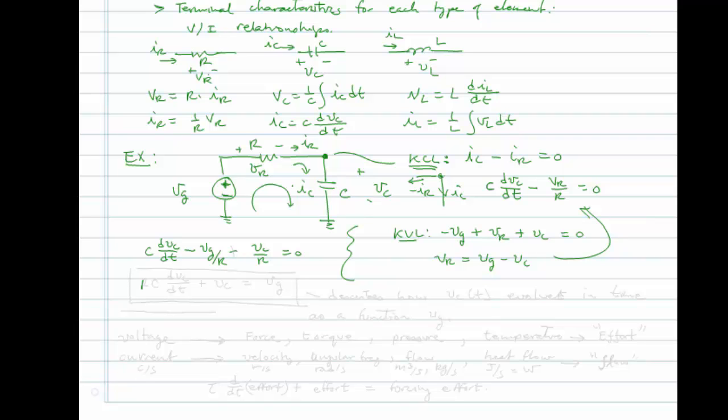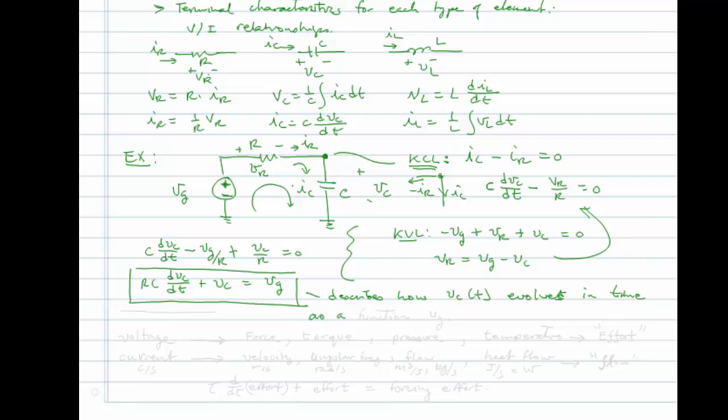Multiply through by R and bring VG to the other side. And I have this as a, that's a plus right there. Okay, plus VC is equal to VG. This right here is our differential equation that describes how VC, the capacitor voltage, evolves in time.